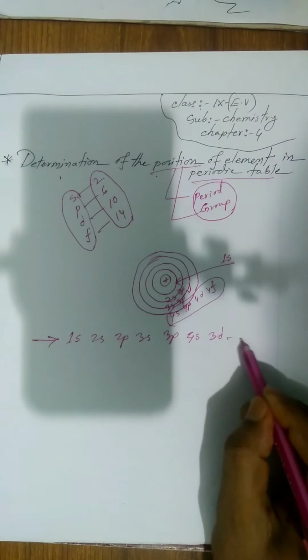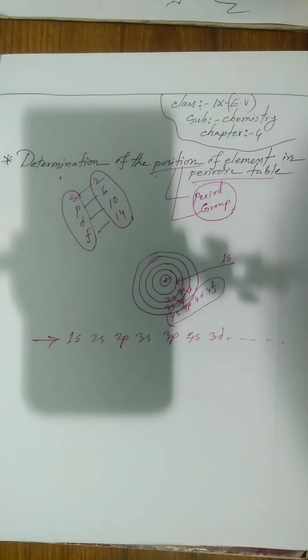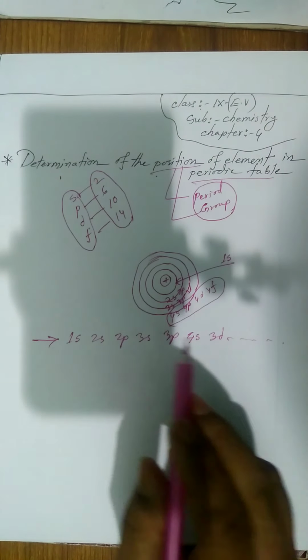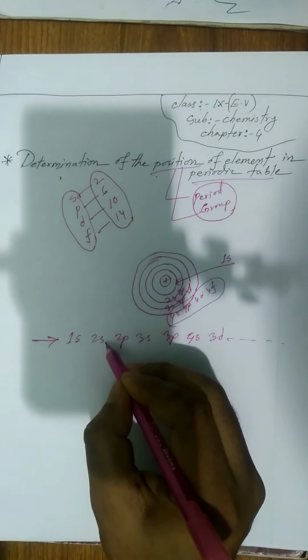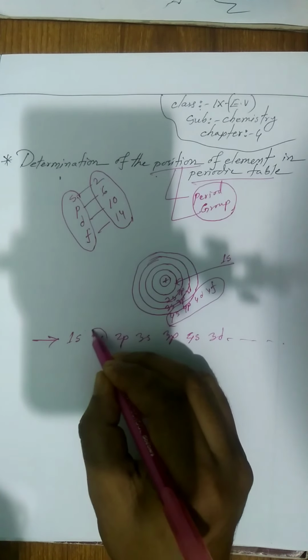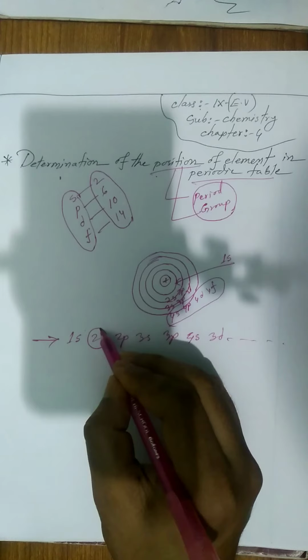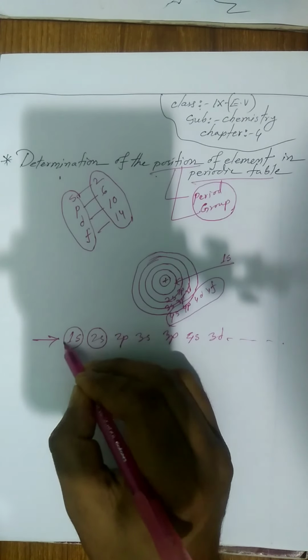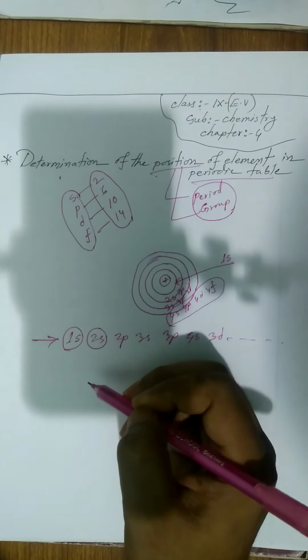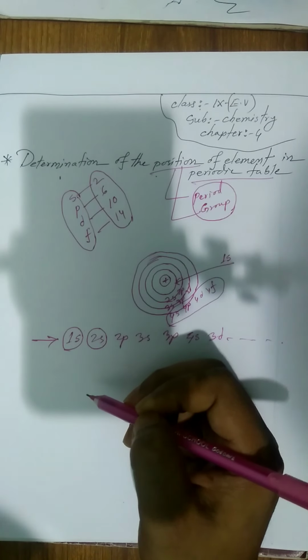This is the sequence of orbitals according to the Aufbau principle. According to this principle, you cannot put an electron in the 2s orbital until the 1s orbital is filled with the highest number of electrons.